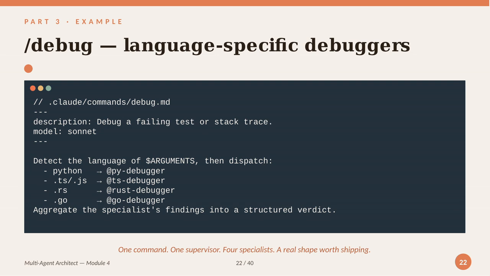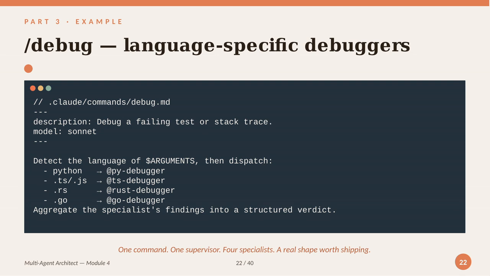The Python debugger knows about PDB, knows about common asyncio gotchas, knows where to look for type-related runtime errors. The TypeScript debugger knows about source maps, knows about common React rendering issues, knows the difference between compile time and runtime errors. Same problem shape, debugging, different domain knowledge.